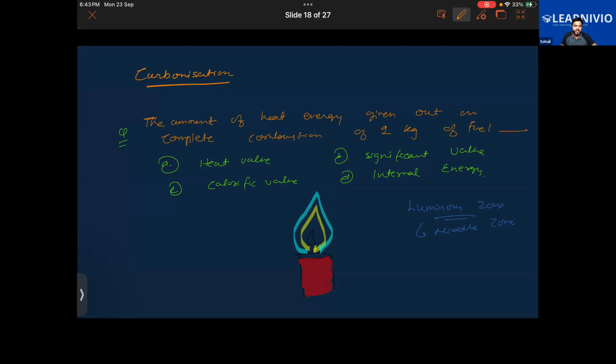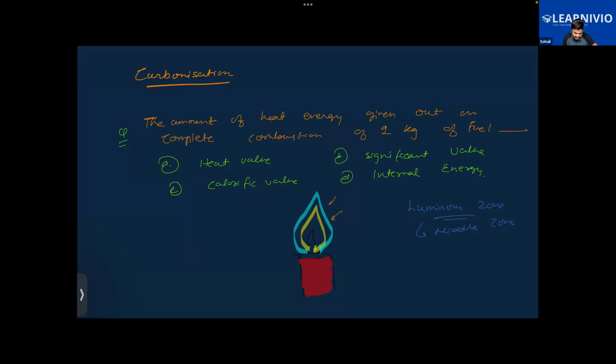The outermost zone of the candle flame is the hottest. Why is it hottest? Because it has a maximum supply of oxygen to this area of the flame, so complete combustion takes place here.